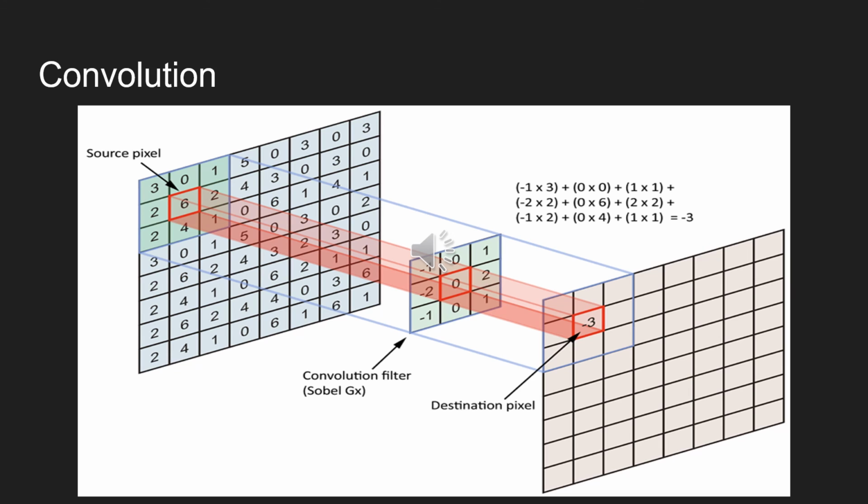Clearly, we can see after multiplying and adding up together, our result is -3 in the given example. After it has been multiplied to a particular set of source pixels, it is strided towards the right hand side and then again multiplied by the corresponding new pixel values and the new destination pixel is calculated.